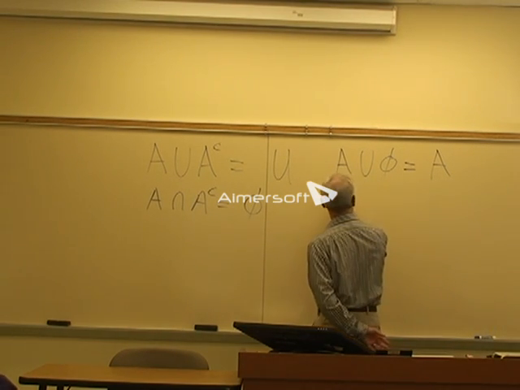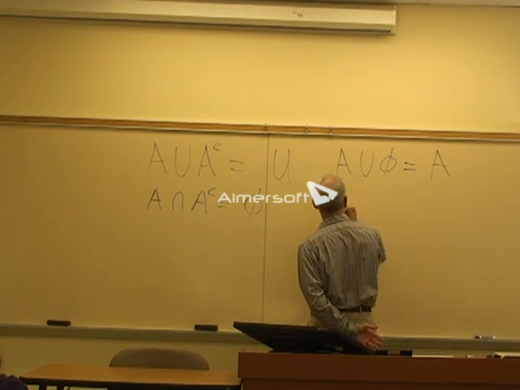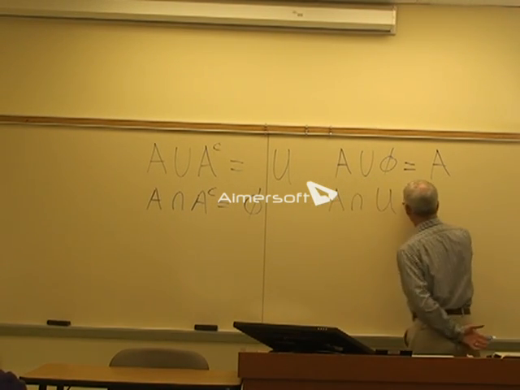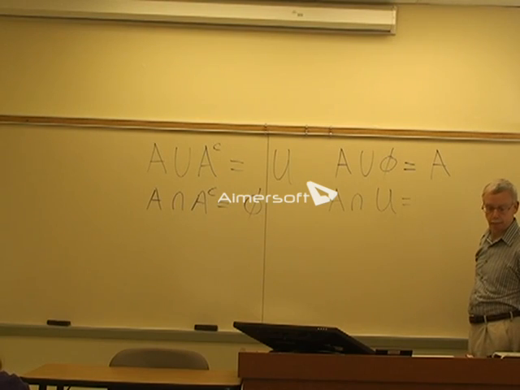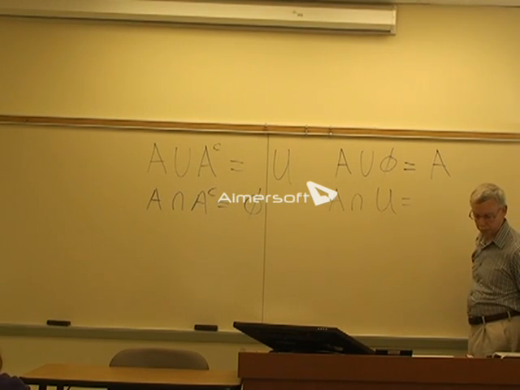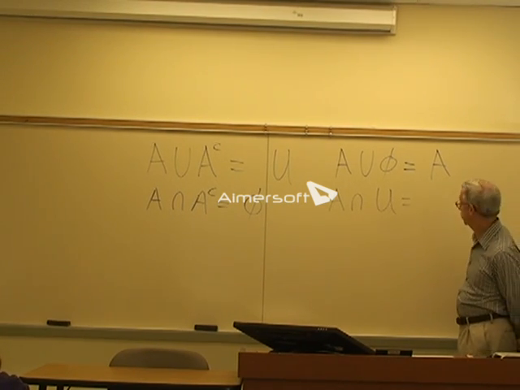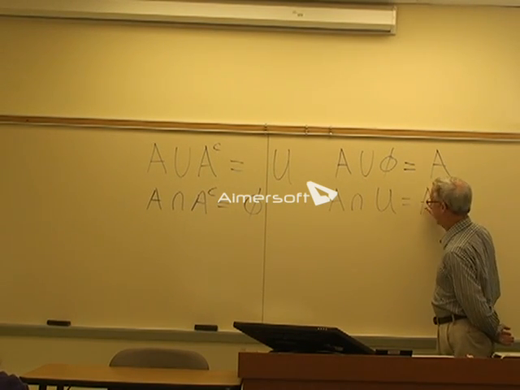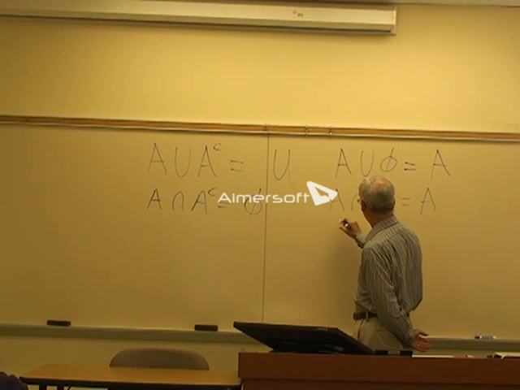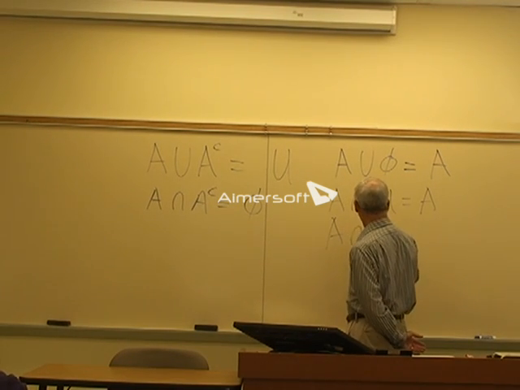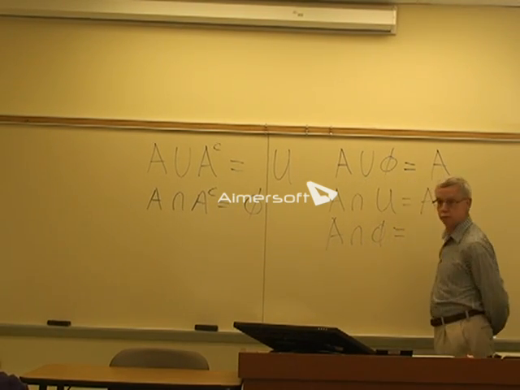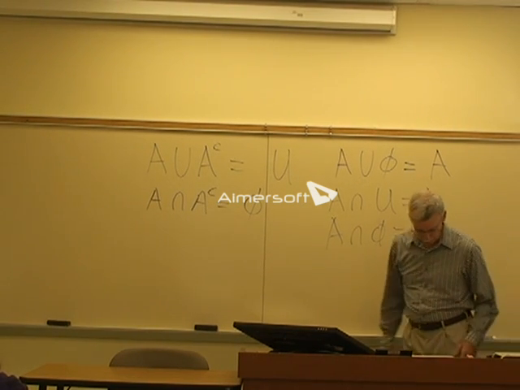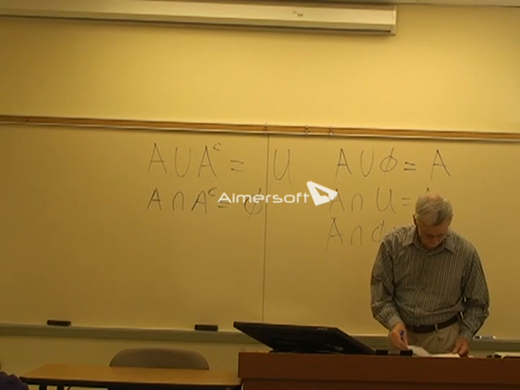And finally, if I take A intersect the universe, I get A. And then if I take A intersect the empty set, the empty set, of course. So that kind of completes that. But now, what do we have?